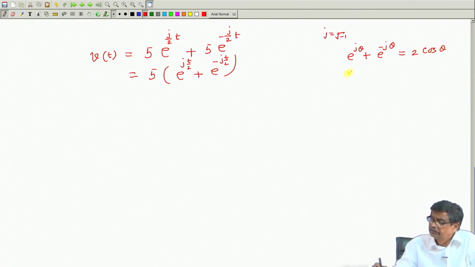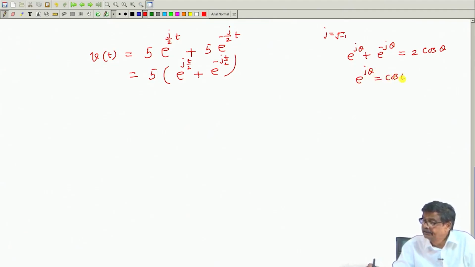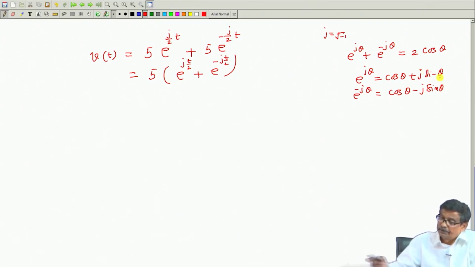Because e to the power j theta is equal to cos theta plus j sin theta, and e to the power minus j theta is equal to cos theta minus j sin theta. We will be often using this. So, I hope you know this complex algebra.